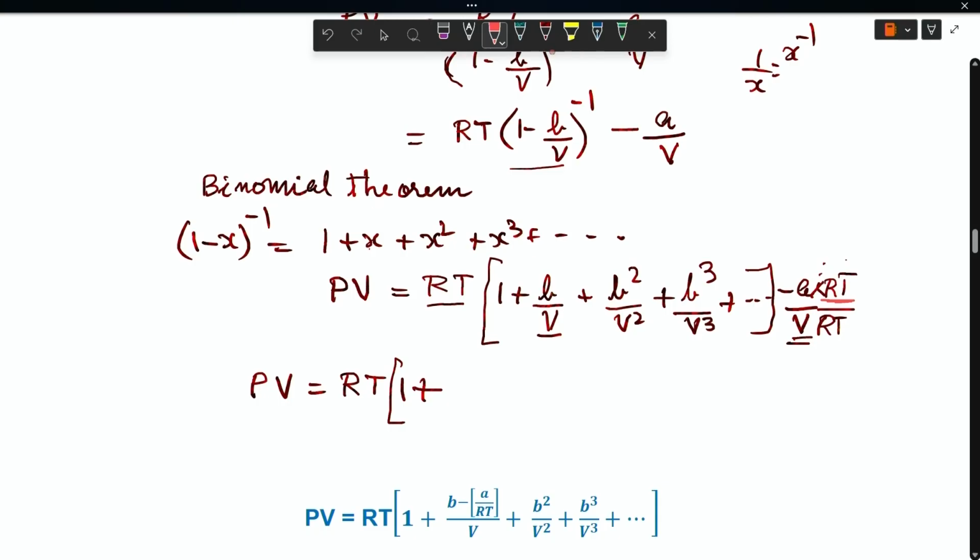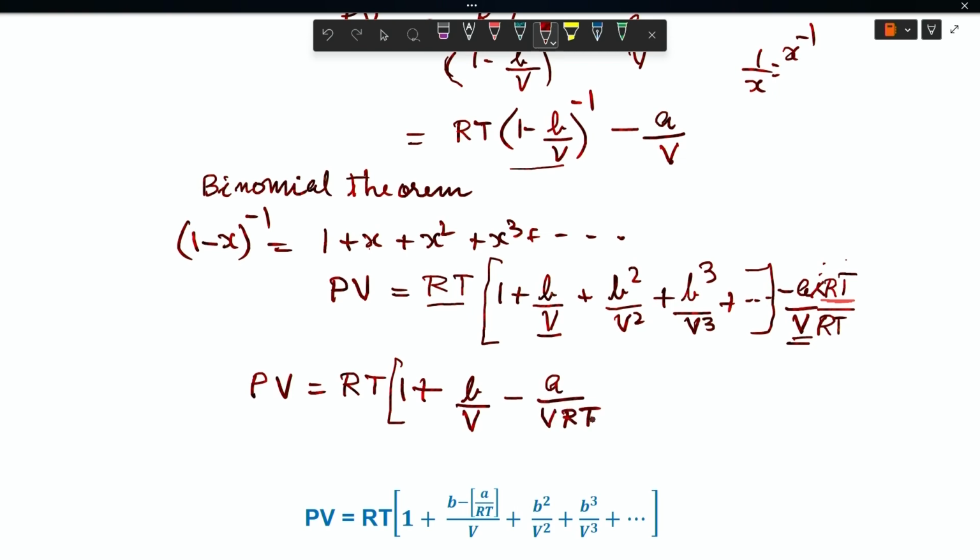So, that can be excluded, and finally, this will be B by V minus A by V RT.